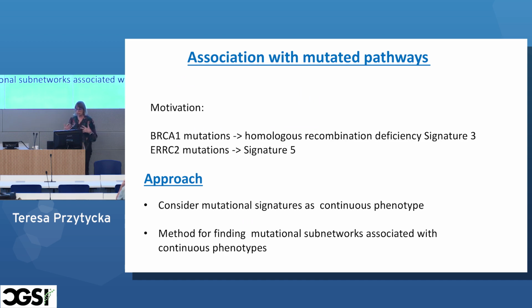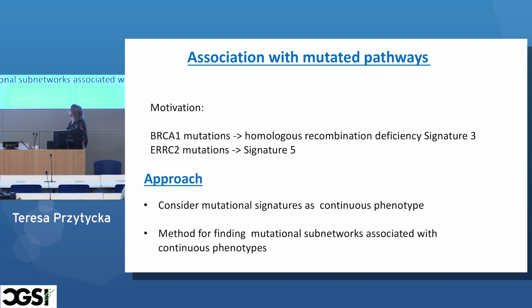expression. The second way would be to try to associate those signatures with the mutations in, say, cancer driver genes, or maybe some other cancer genes. And the motivation for that: for example, signature 3, the homologous recombination signature, can in part also be caused by mutation in BRCA1.